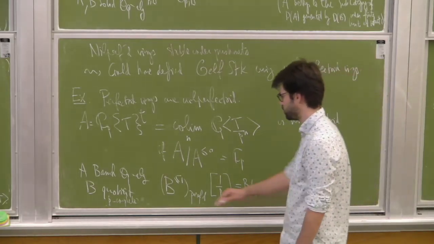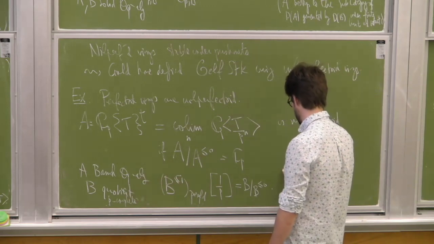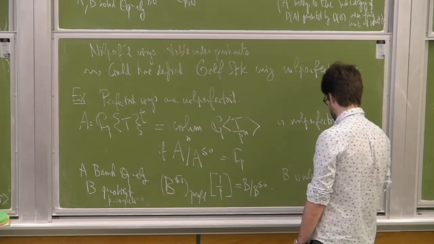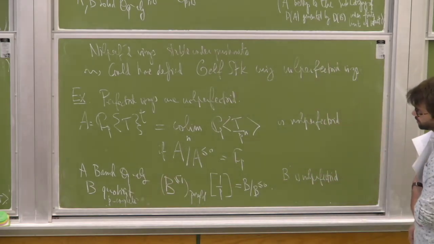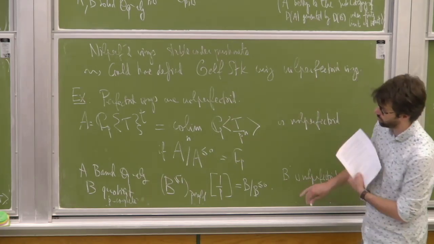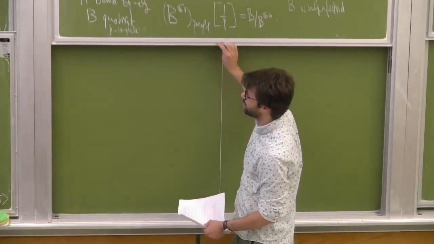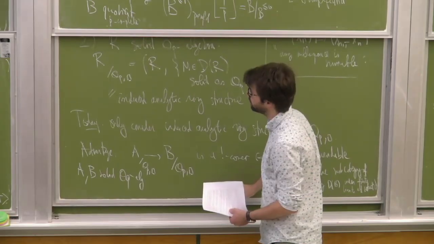So this means that this B will be... So in other words, generic fibers of semi-perfectoid rings are examples of nil perfectoid. So you can also imagine that nil perfectoid rings are some generalization, in the QP setting, of semi-perfectoid rings.